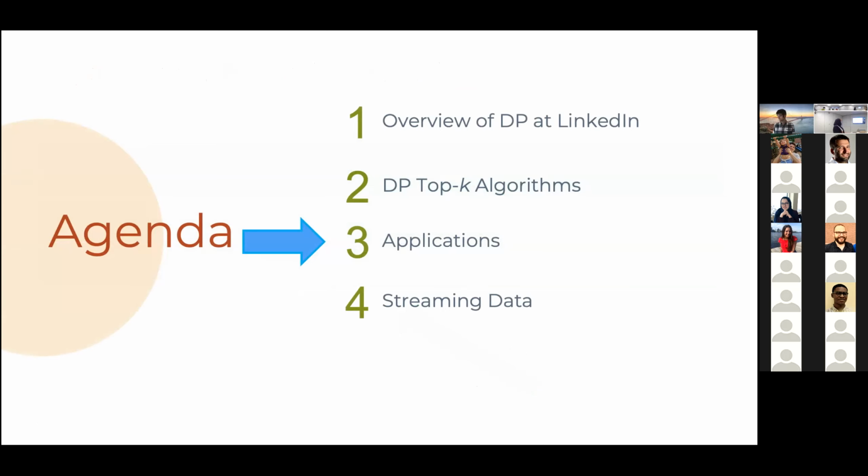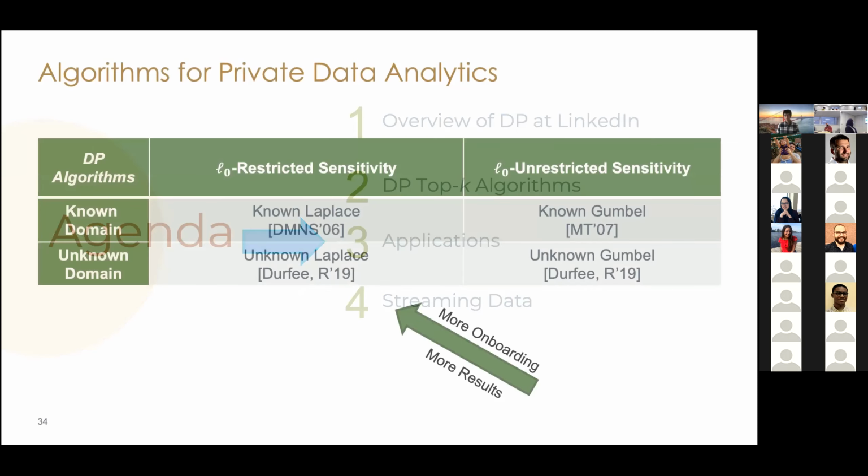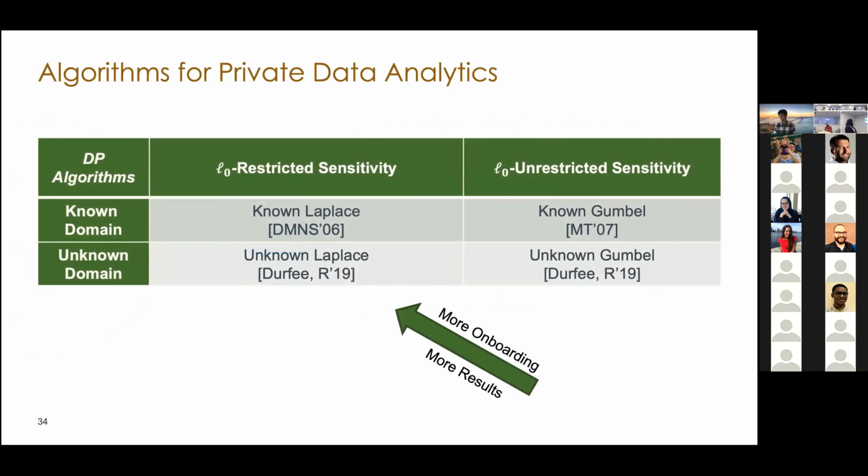Hi, Ryan, I have a question. So the unknown Gumbel, those 2 algorithms on the bottom, those were the algorithms where you set a noisy threshold. Yes. And use that, so you get the top 25 or whatever, and from that try to extract the top 5. Yeah, right, whatever it is. Okay, thanks. Yep.